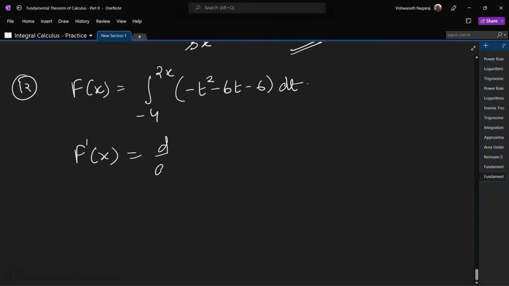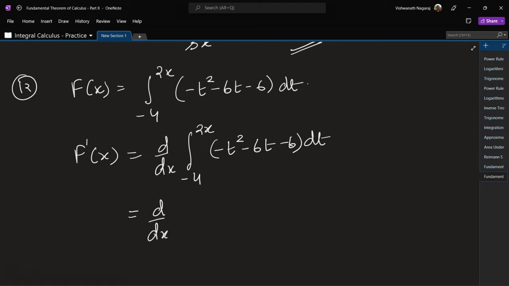We get d by dx of the integral from minus 4 to 2x of minus t square minus 6t minus 6 dt. Now let's integrate: d by dx of minus t cube by 3 minus 6t square by 2 minus 6t, from minus 4 to 2x.